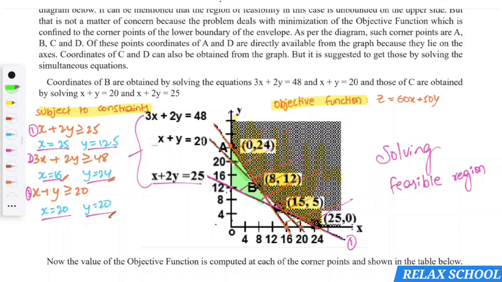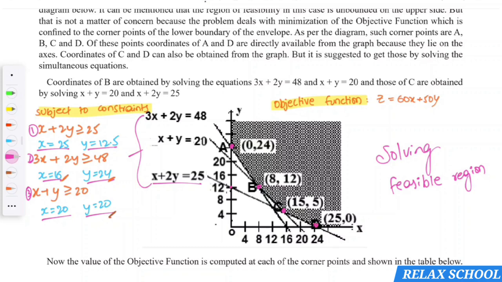In this area there is only pink covered, and in this area there is only orange covered, and in this area it is only brown covered. Unlike this, the outer envelope here is the common area which is satisfying all of the constraints.